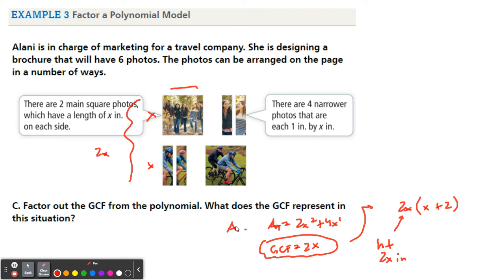And the x plus 2 would be the top, which is x, 1 and 1, x plus 2, which would be the base or the width of the arrangement. So again, understand that when we are doing this factoring, it's just multiplication and division. That's all it is.